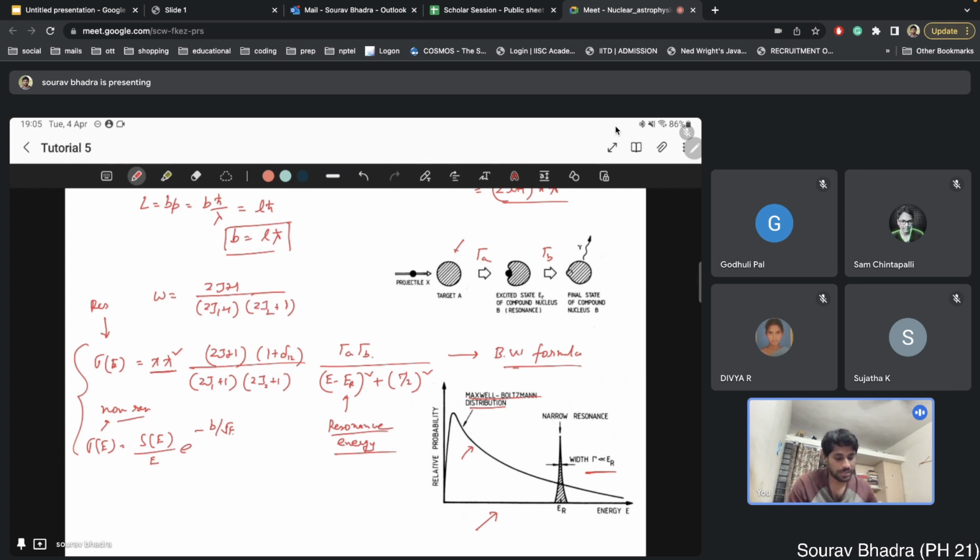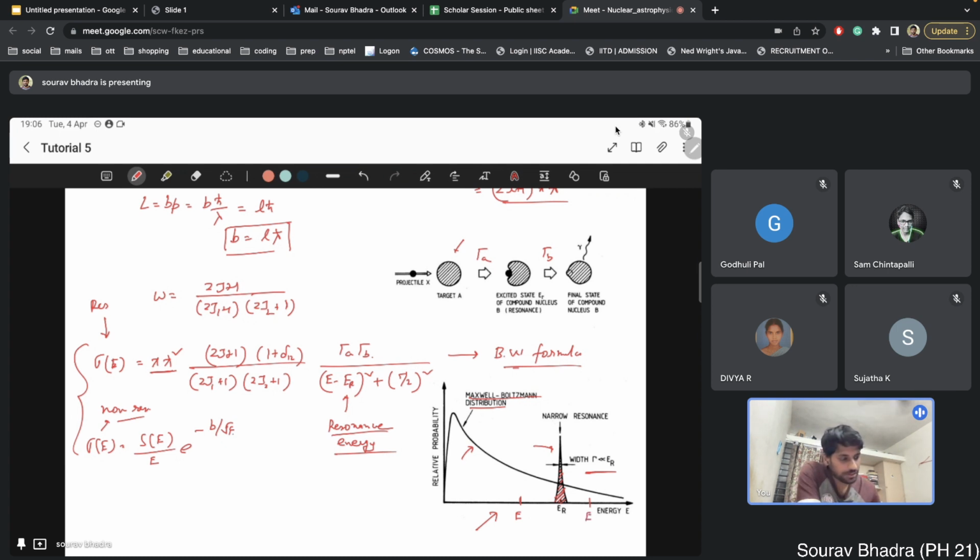If we consider this energy, this is the range in which the reaction will occur. If the energy E of the projectile lies in this range, the reaction will occur. If your E is at this value, it will not occur. Here also it will not occur. It is not a smooth function.